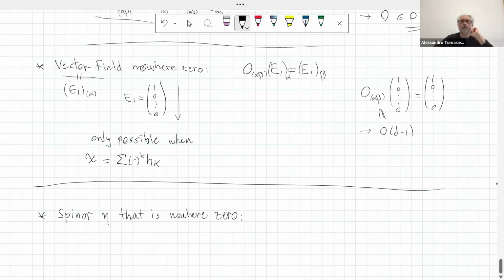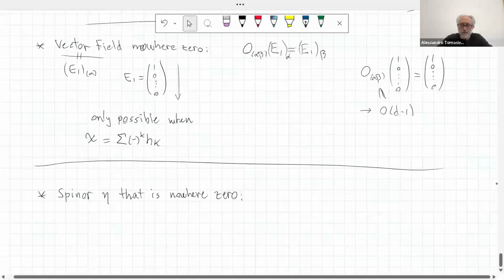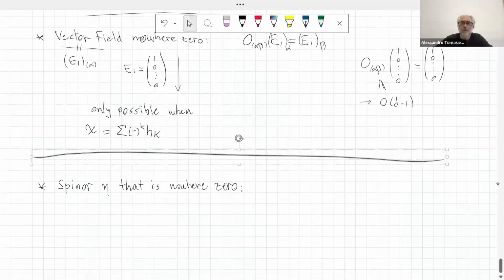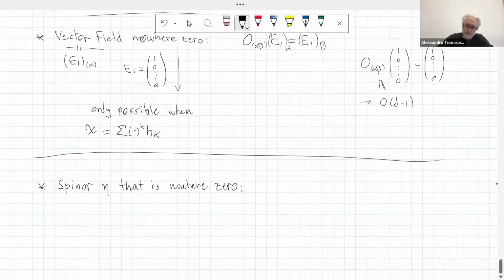Now, this story of going to the Fierbein basis is even more relevant because we saw that spinors are defined naturally in the Fierbein basis. The analog of this story here is as follows. Basically, you set again eta equal to something definite. Let's call it eta 0 on every U alpha.